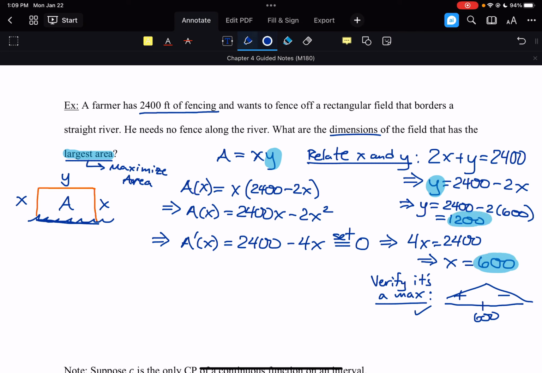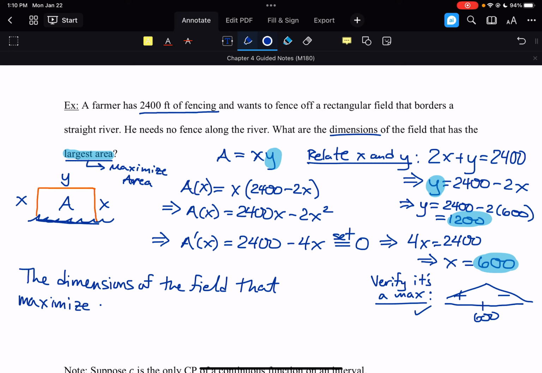And as with any of these problems in context, you need to give an answer that is in context. So we can say the dimensions of the field that maximize area are 600 feet by 1200 feet.